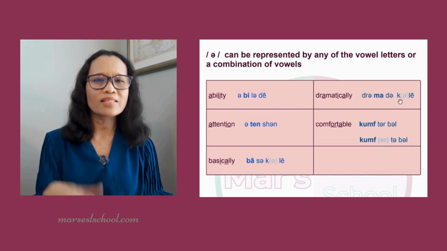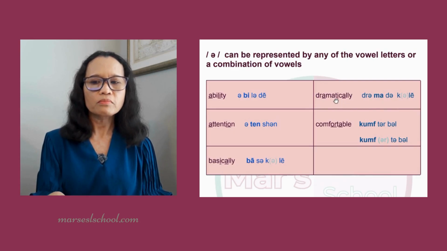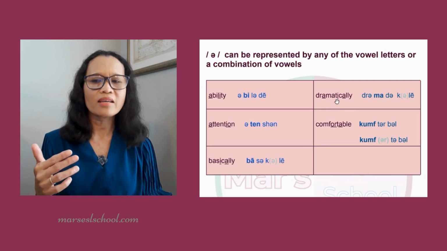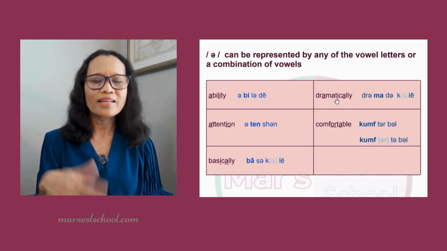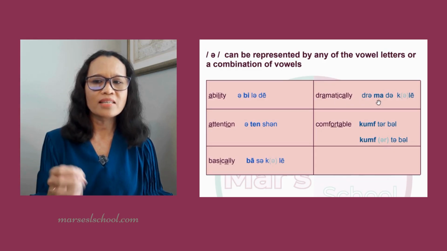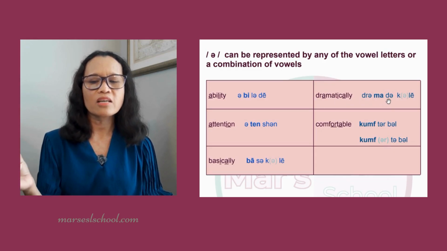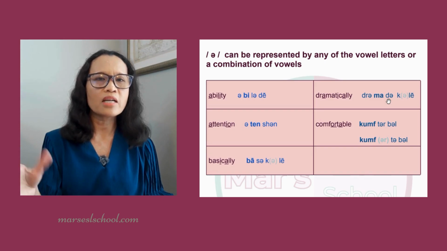Also, this word has a fast D sound. The letter T, over here we have T-I. So the T here doesn't have a T sound. It has a fast D sound in the American accent. So instead of saying dramatically, there's no T sound. It's a fast D sound.